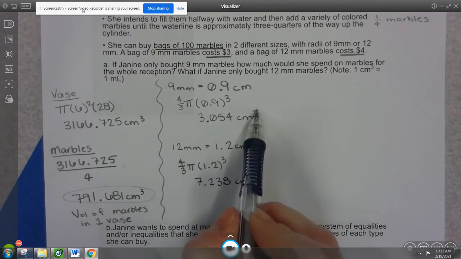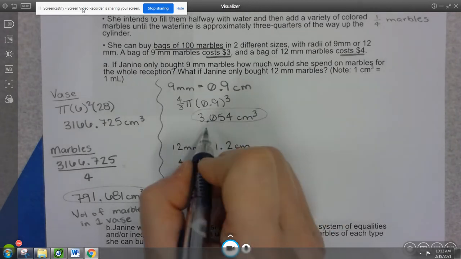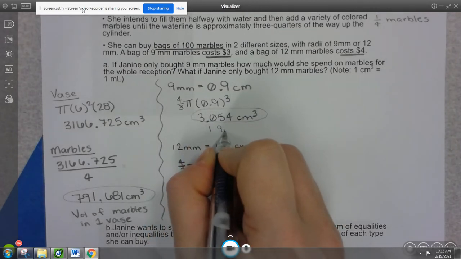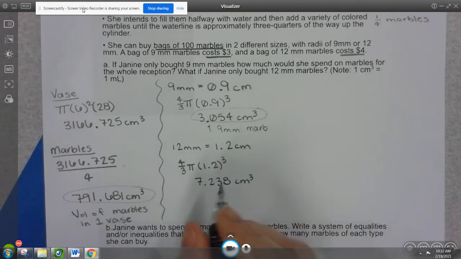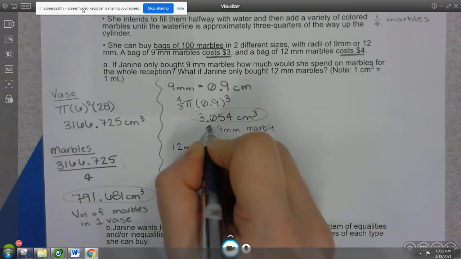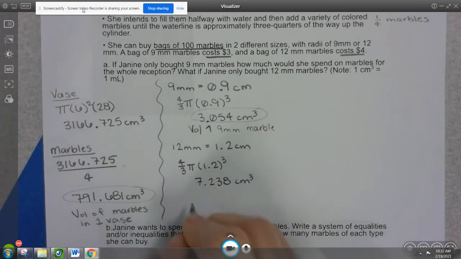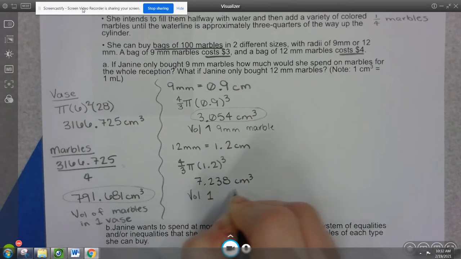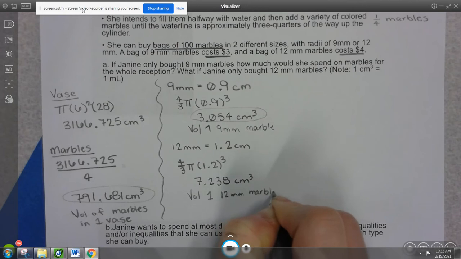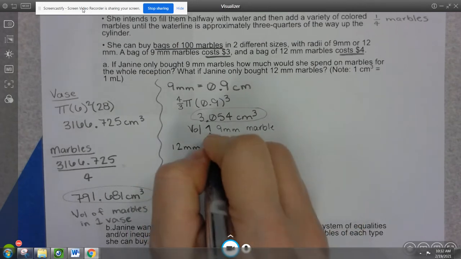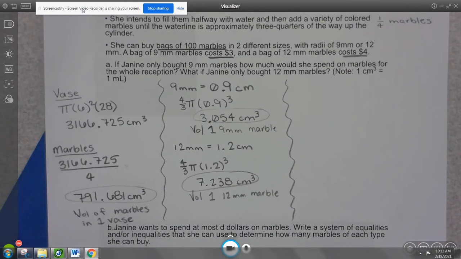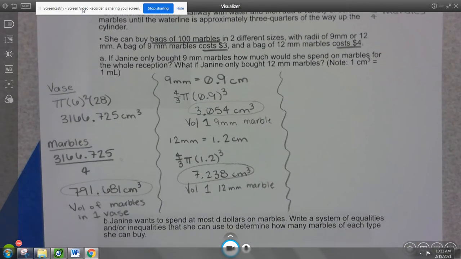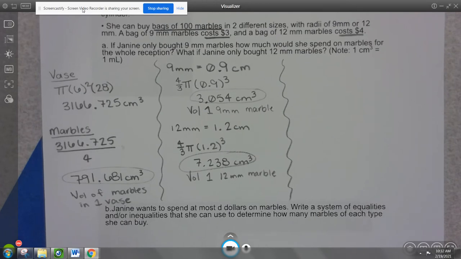So this is the volume of one 9mm marble, and this is the volume of one 12mm marble. So that's another thing I need to remember. And then now I'm going to deal with the money part of this.